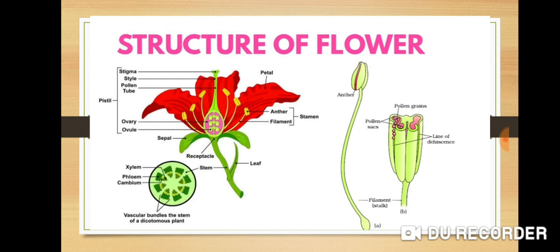Flowers are structures of sexual reproduction in almost all flowering plants. A typical flower consists of four whorls of floral parts, namely calyx, corolla, androecium, and gynoecium.